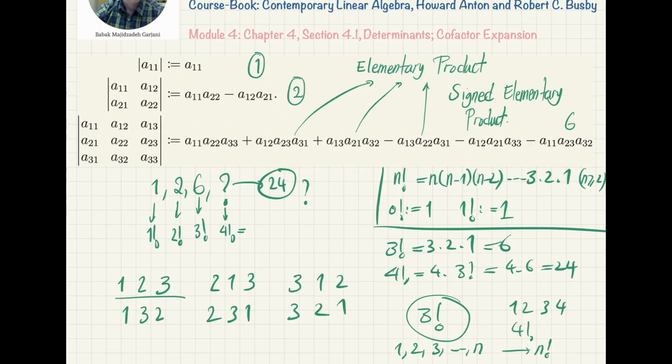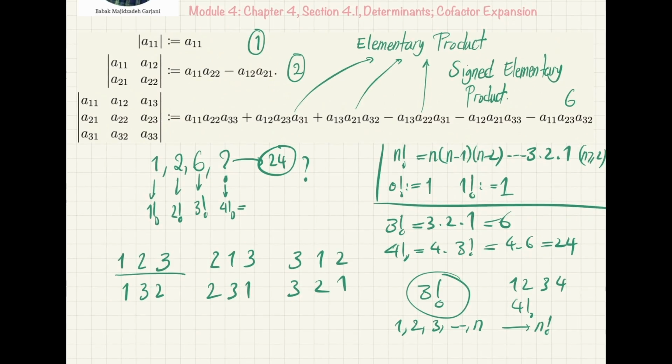The idea is to associate a sign with every permutation of the numbers 1, 2, 3 up to n in general. So, for example, let us consider the case where n is equal to 3. Consider one permutation of 1, 2, and 3. I want to assign a sign, positive or negative, to a permutation. Yes, that's the idea.